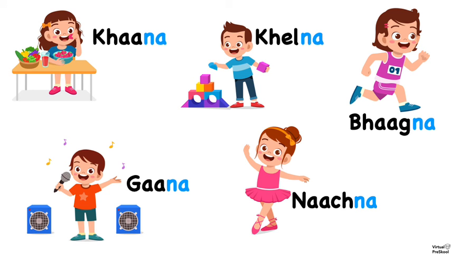So now let's review the rules for how to change a verb into a command. First, use your wand or your lightsaber to chop off the na on each of the verbs. Khana becomes kha. Khelna becomes khel. Bhagna becomes bhag. Gana becomes ga. And nachna becomes nach.